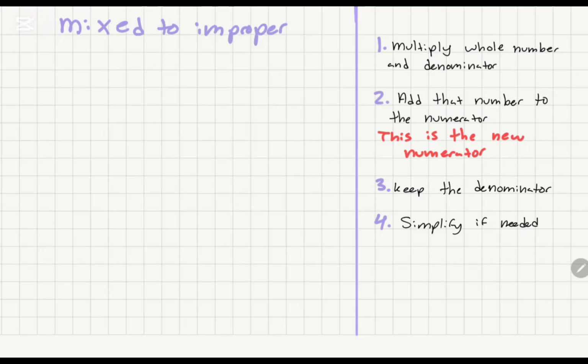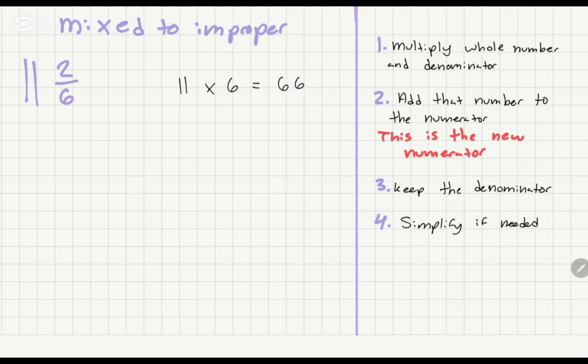All right, the next example I want to show you is 11 and 6 over 2. Sorry, 2 over 6. All right, now, what's our first step? Our first step is to multiply the whole number and the denominator. So, what is 11 times 6? That is 66.